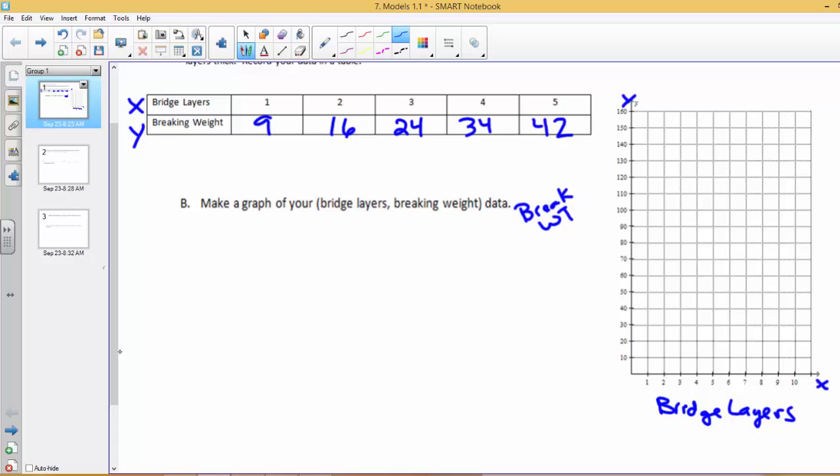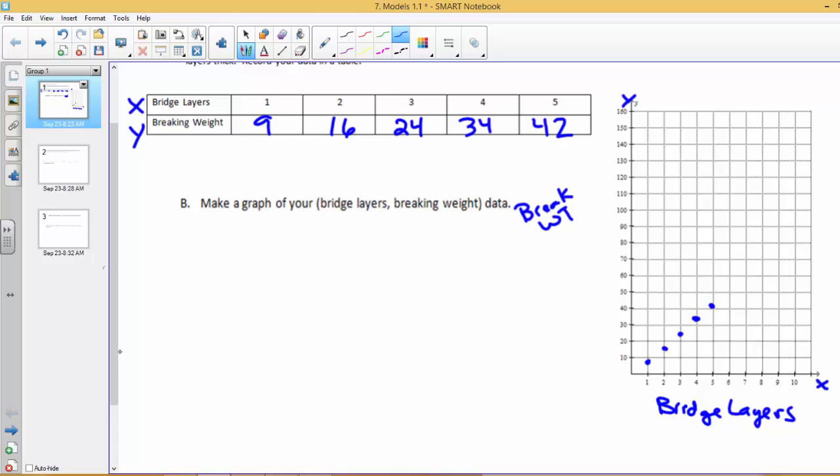So over 1 up 9, over 2 up 16, over 3 up 24, over 4 up 34, and over 5 up 42.